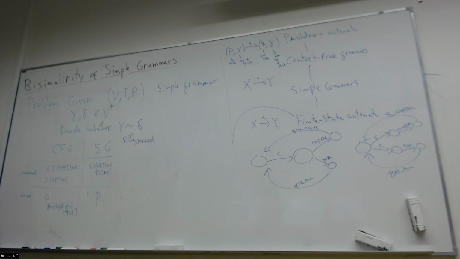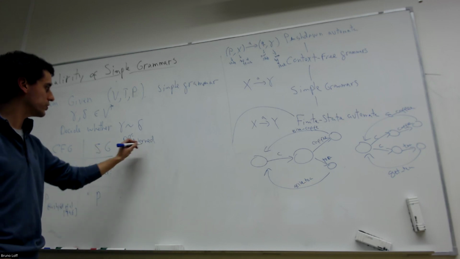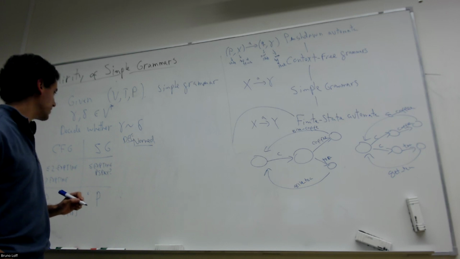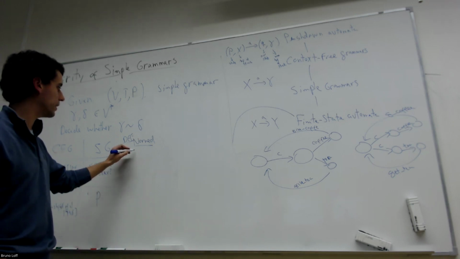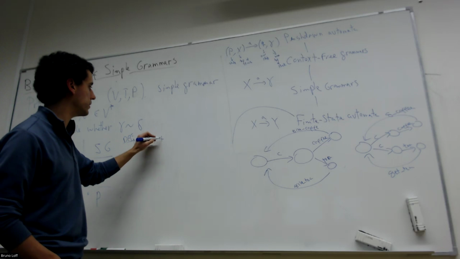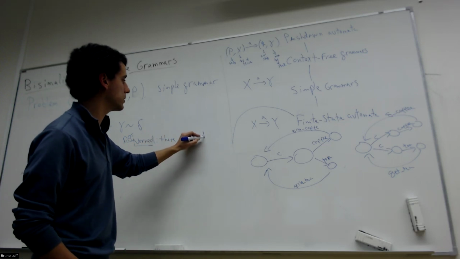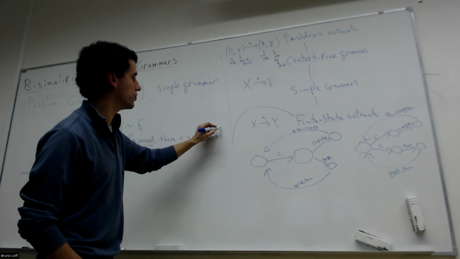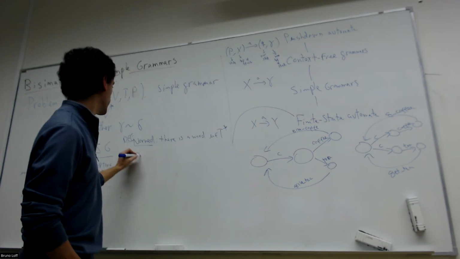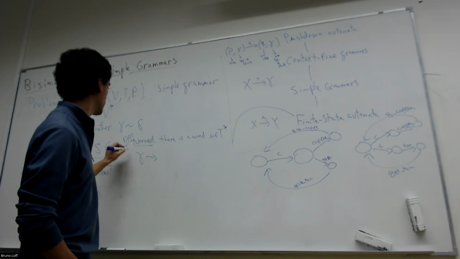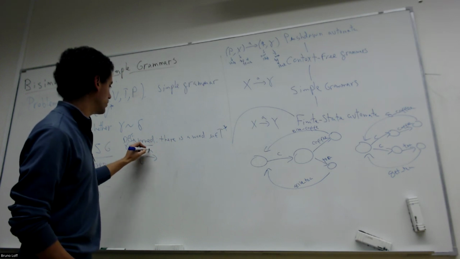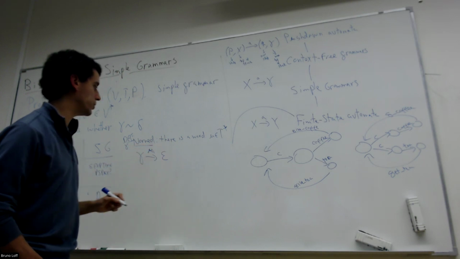So, even before I go into the detail, what is norm? Norm means that there is a word u of terminals such that gamma transitions by u to the empty word.